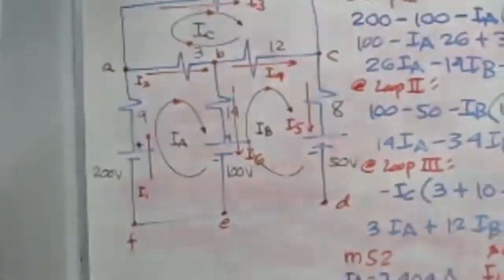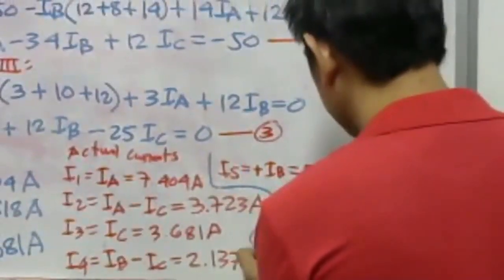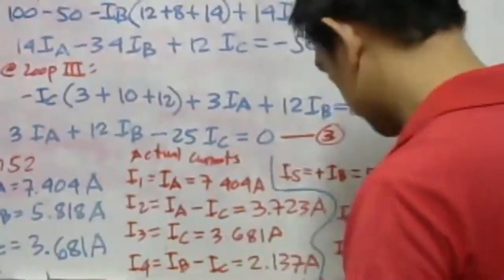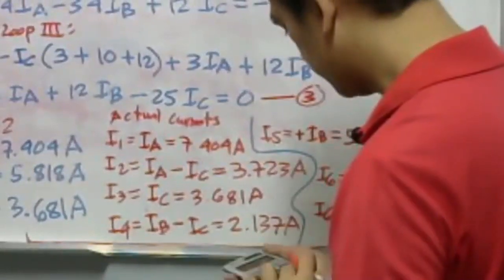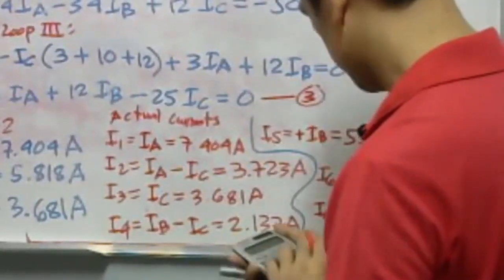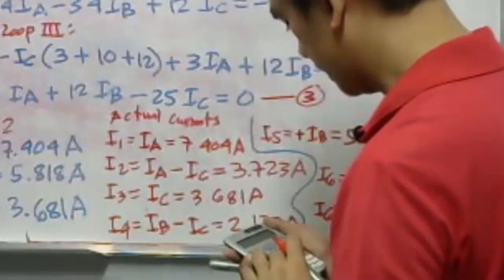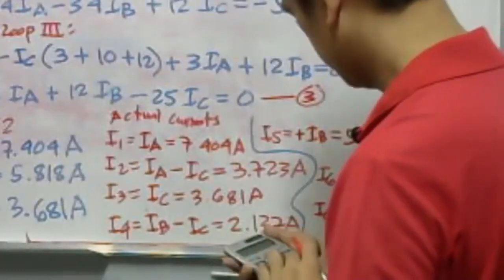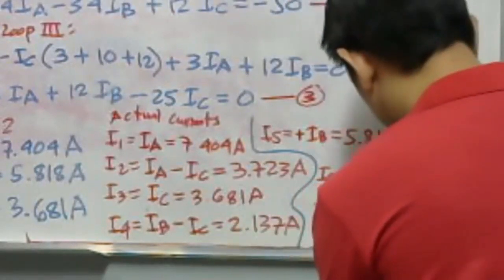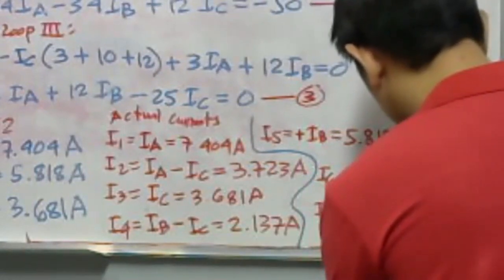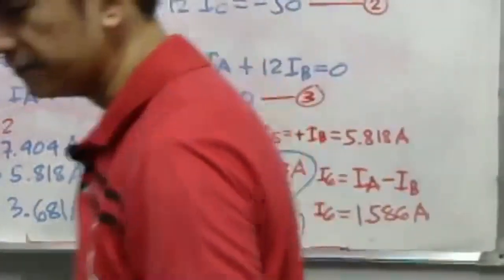So therefore, it is minus I sub B. Our I sub 6 will be equal to IA, 7.404, minus I sub B, 5.818. The answer now will be 1.586 amperes. So these are all the branch currents.